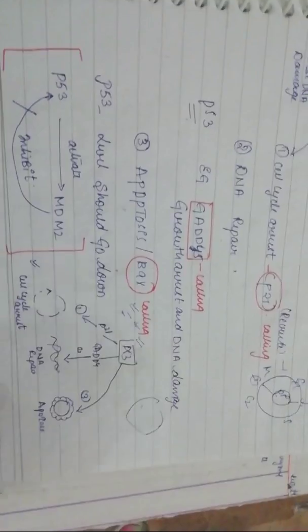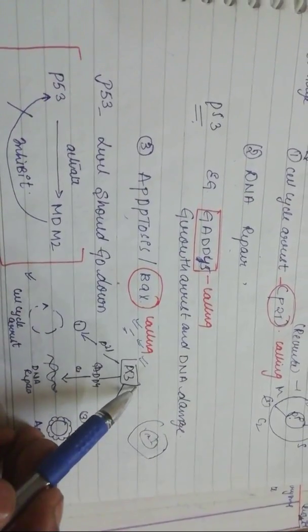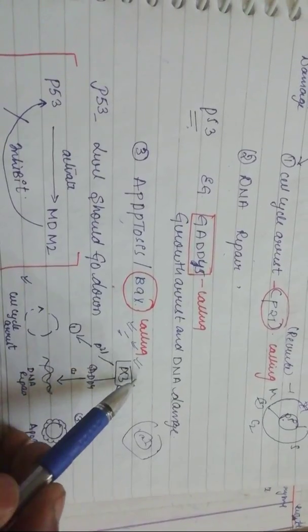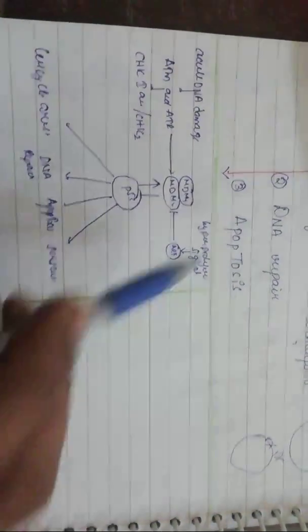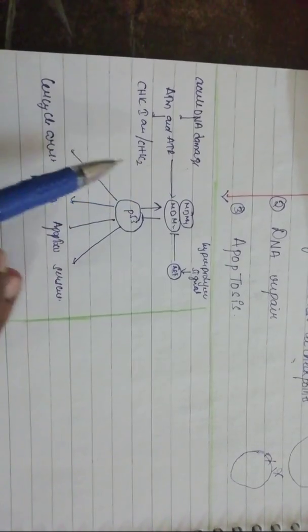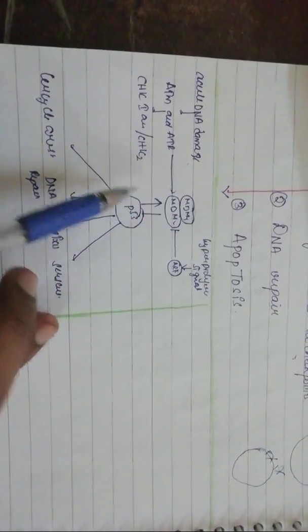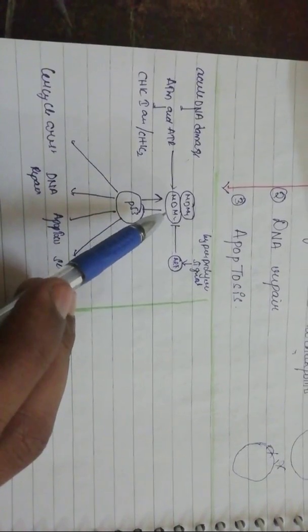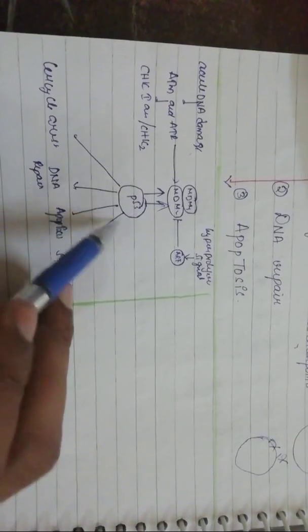Whenever there is a DNA problem, you can see that P53 is stimulated here. If there is any DNA damage, that activates P53.